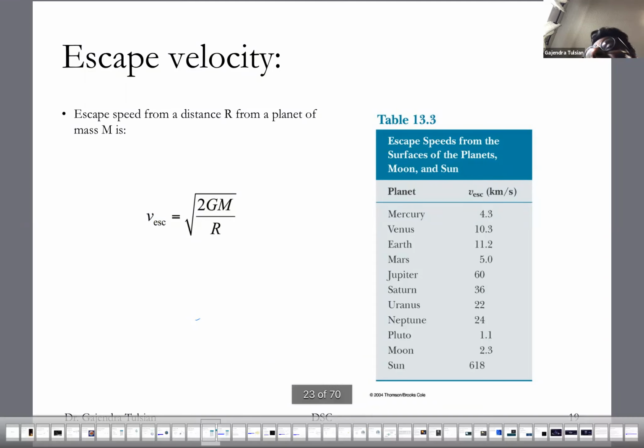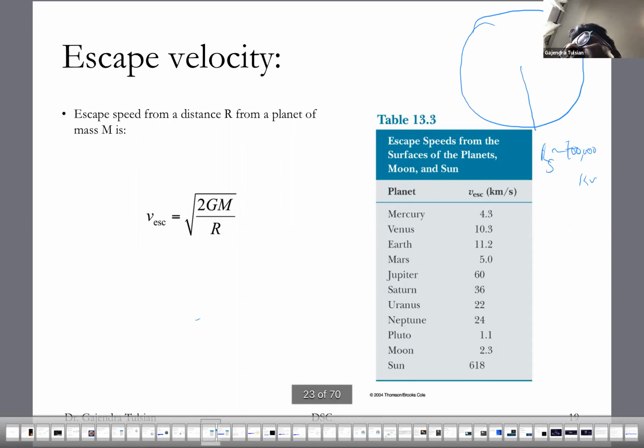Here is the sun, and the question is, what would it take to make the sun into a black hole? By the way, the radius of the sun is about 700,000 kilometers.